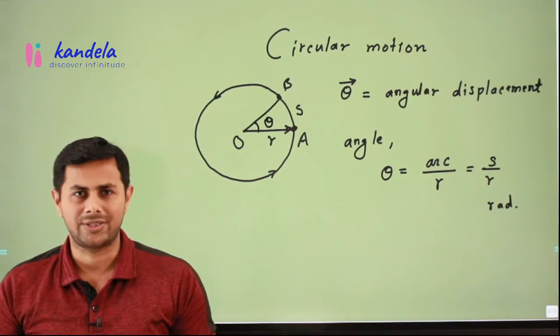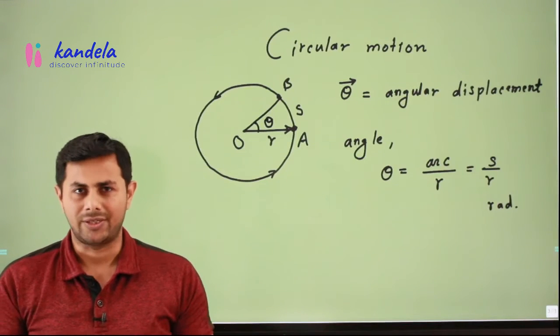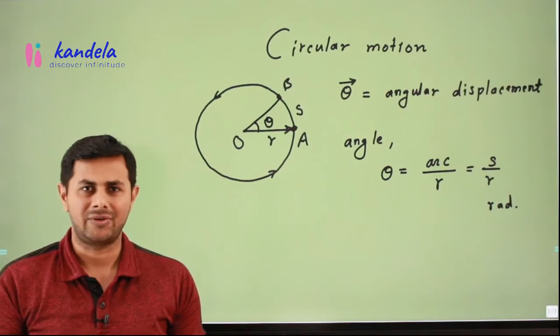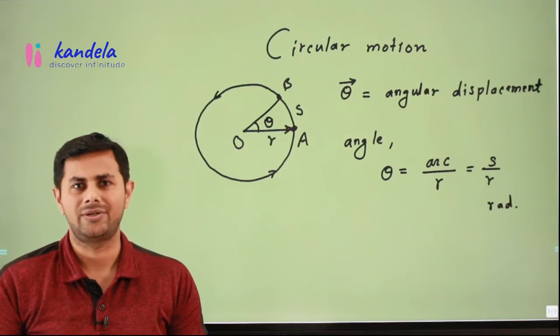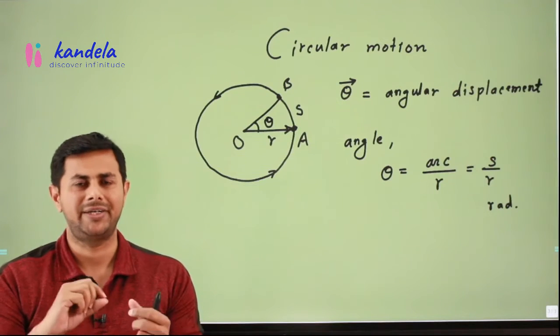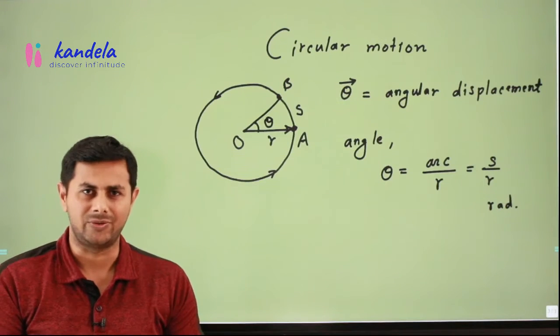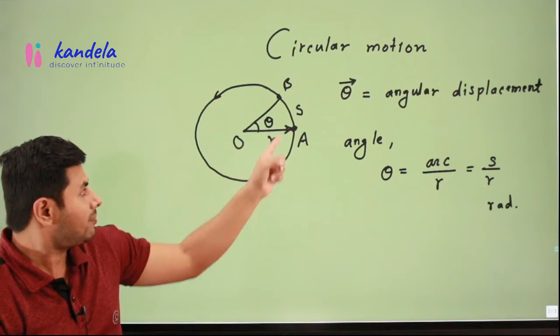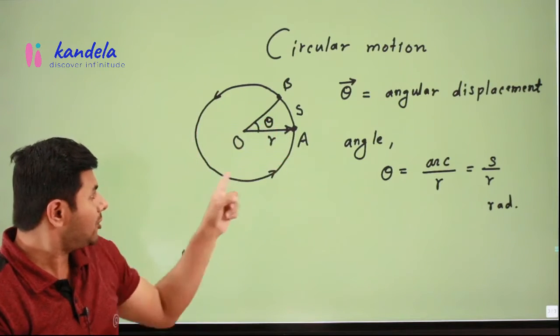How to find out direction? There is a convention to find out the direction of angular displacement, and the convention is to use a rule known as right hand thumb rule or right handed screw rule. So what is right hand thumb rule? Here our particle is moving along the circumference of this circle in anti-clockwise sense.